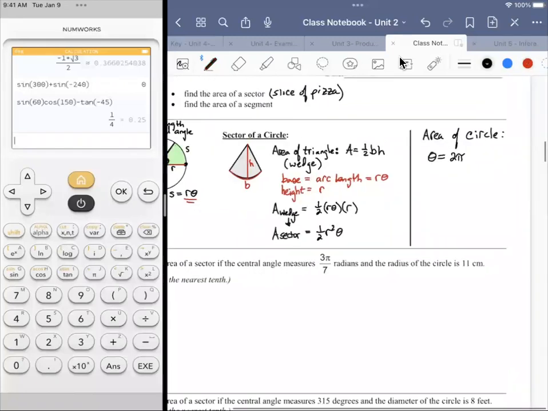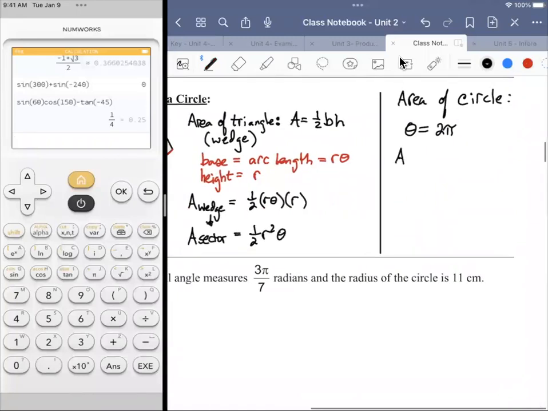All right. So area of the sector, 1/2 r squared theta, is going to be equal to 1/2 r squared times 2 pi. Now, I never told you what the radius was, so we leave that as a variable. 1/2 of 2 pi is just pi.